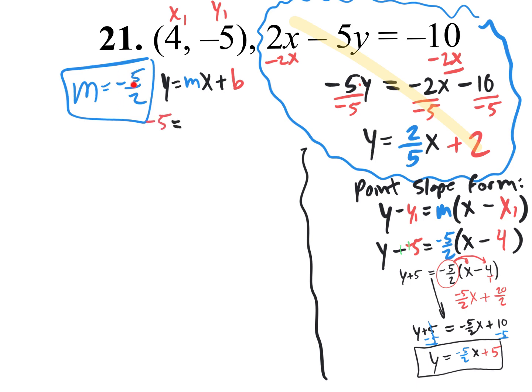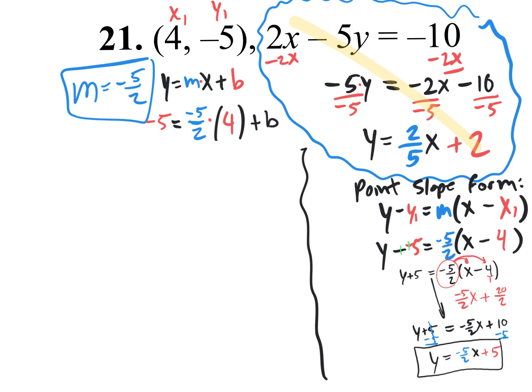The m value of negative 5 halves right there where the m is at. The x value, and remember, we are multiplying m times x, so I'm going to put times, and I'm going to put the x value in parentheses. And the x value happens to be 4, so you could plug in a 4 right there. And then you would have the plus b at the very end, just bring that down, plus b.